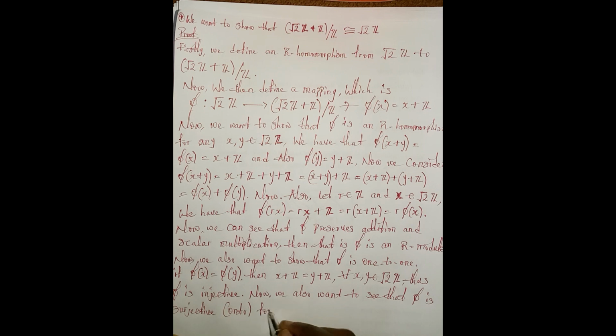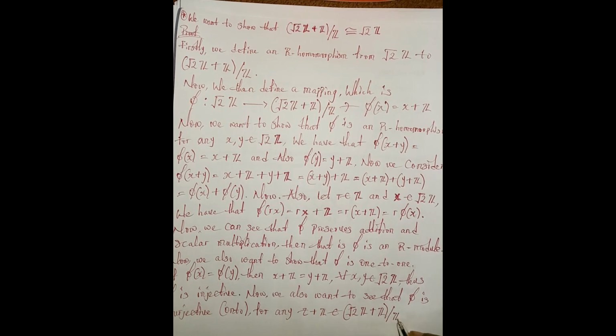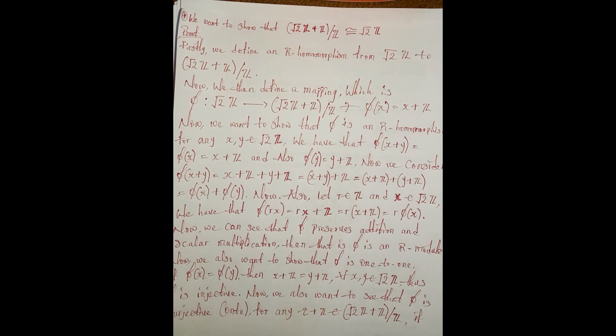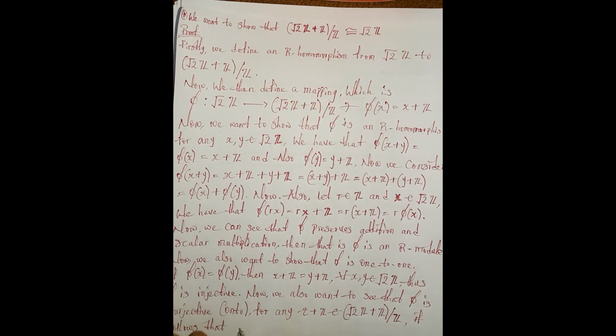Now for any z plus script z contained in the root of 2 script z plus script z by script z, it follows that x is equal to z.